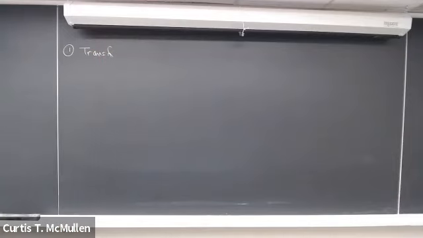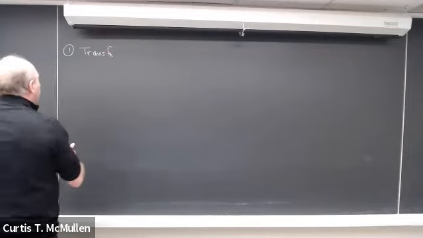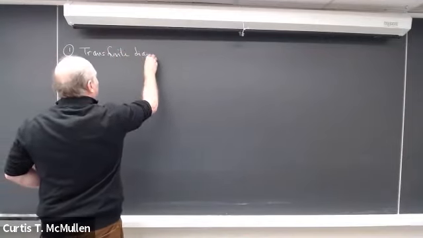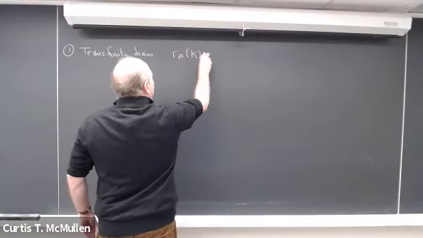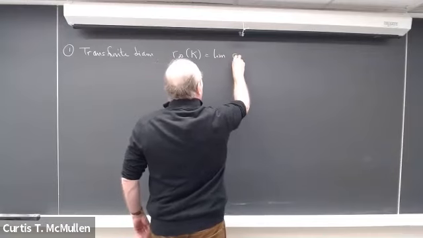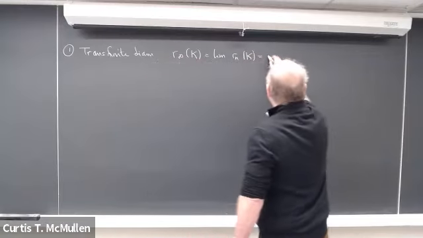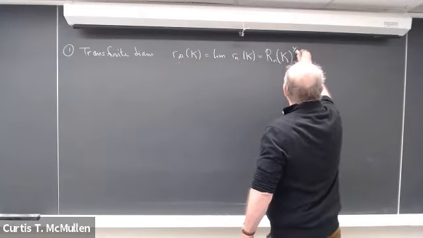It's defined by R infinity of k is the limit of R n of k, and R n of k is capital R n of k to the 1 over n.